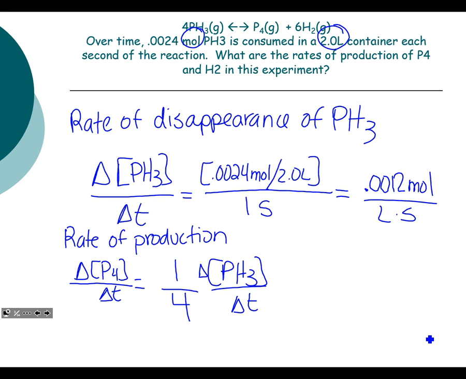We make 1 P4 for every 4 pH 3 that we consume. So we produce it at 1/4 the rate. Well, we know the rate of our pH 3.